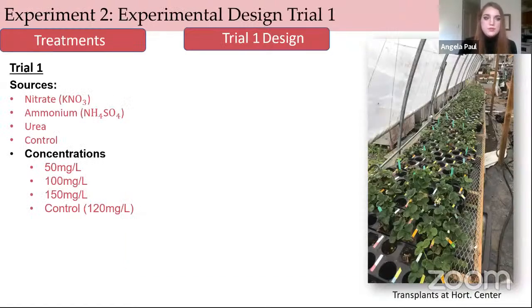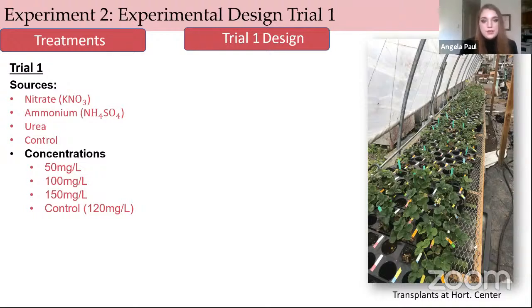So now moving on to my second experiment, which was looking at the pre-dormancy trial. For this, I broke down this experiment into two trials. The first trial, again, compared the different nitrogen sources and concentrations. And I followed almost the exact same treatments as my first experiment, looking at nitrate, ammonium, and urea.